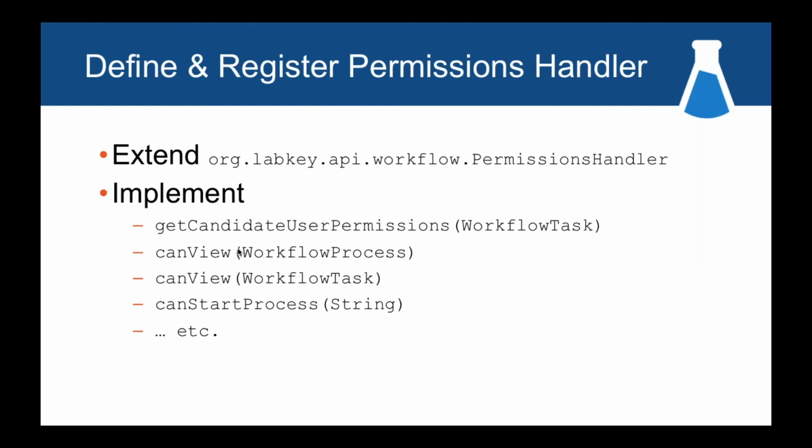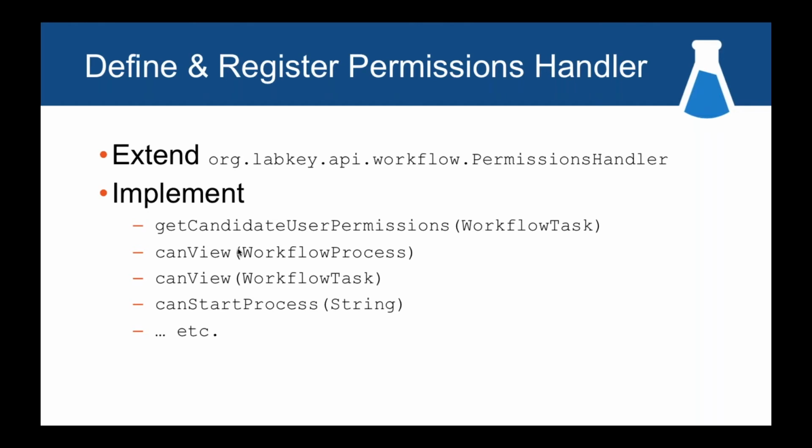Permissions handlers are for you to incorporate, as I said, the standard LabKey permission structure into your workflow, so it has various methods that you would implement for your particular process. There is a default permissions handler defined within the workflow module, but often you'll want to override that.